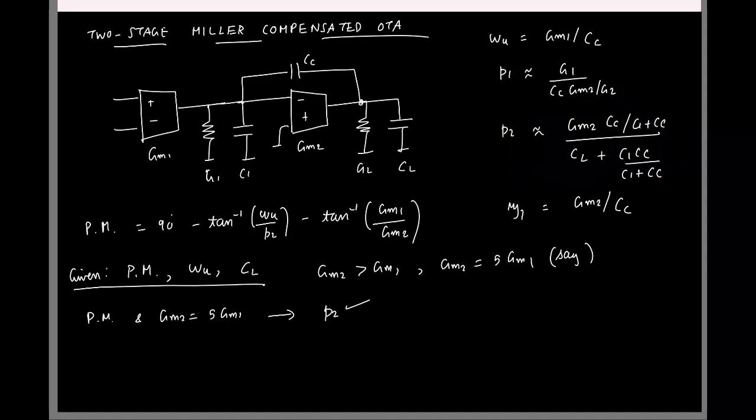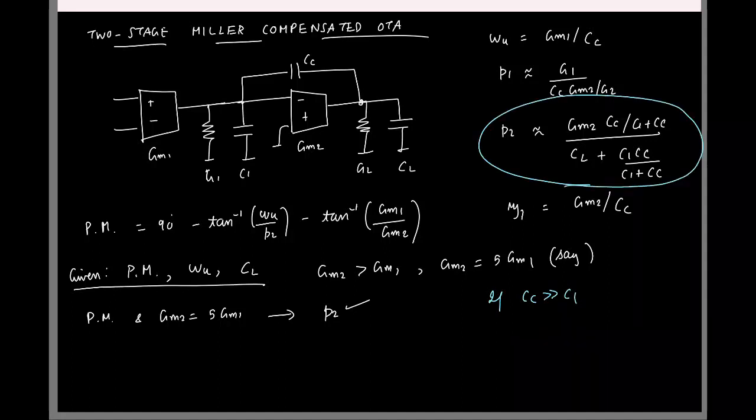That's a reasonable assumption, right? Because CC is an explicit capacitor that I am adding. C1 is a parasitic capacitor which probably will be small, right? So as he is saying, I can assume that CC is much greater than C1.